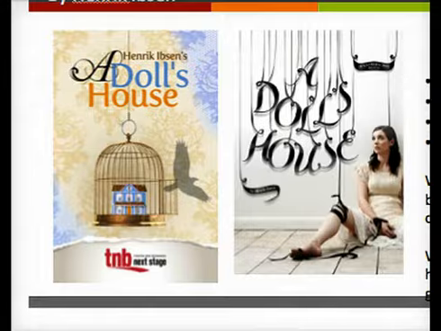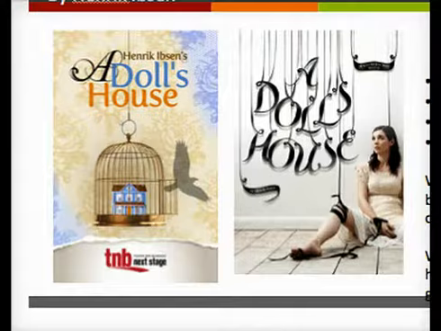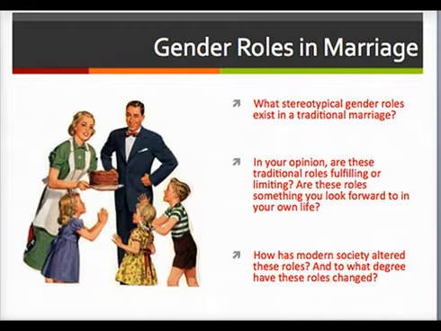But let's go a little further into some background on this text. One of the themes or ideas that this play brings up is the idea of gender roles, and often stereotypical gender roles for men and women, especially in a traditional marriage. When you think about typical gender roles, you probably think about men as the patriarch of the family, the father.